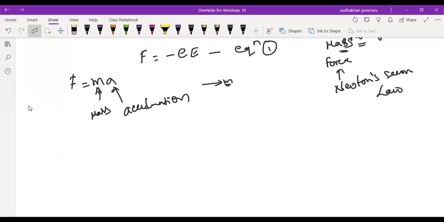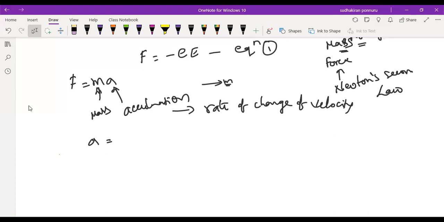So what is the basic definition of acceleration? How do we define acceleration? It is the rate of change of velocity. We know that basic definition from our lower standards.